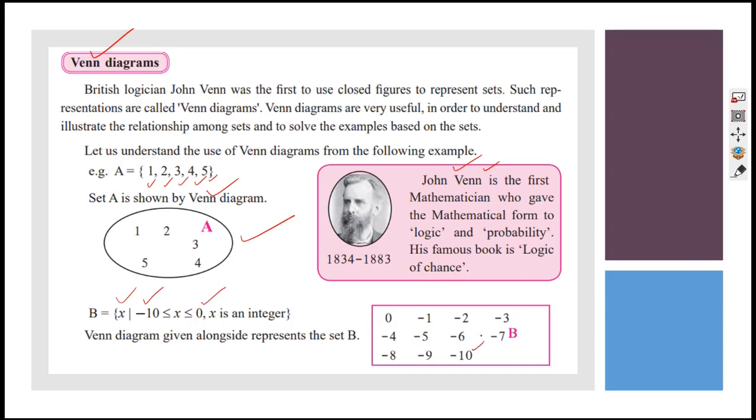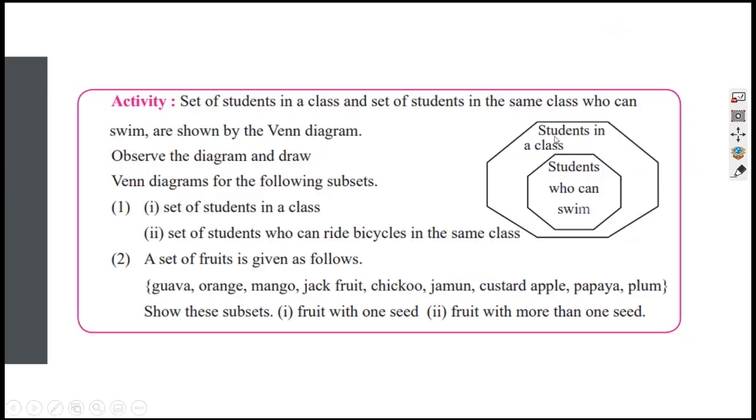So we have written those numbers and put them in a box. It becomes a Venn diagram. So this also you understood. All this now you feel is simple and interesting because you practiced it or you have already gone through it.